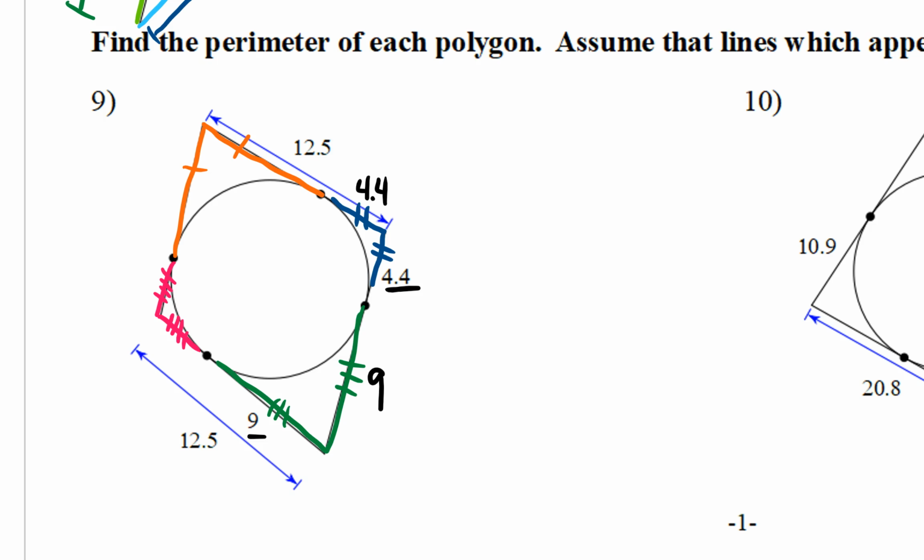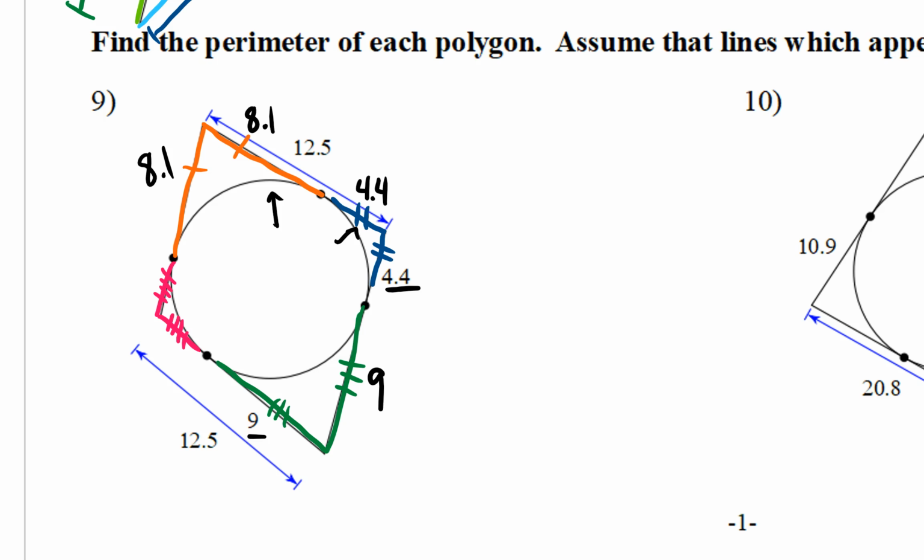I don't have anything for this orange side or this pink side, but this blue segment plus that orange segment has to equal this 12.5. So I take 12.5 minus 4.4, and that tells me this orange piece is 8.1. Now if that piece is 8.1, this piece needs to be 8.1.